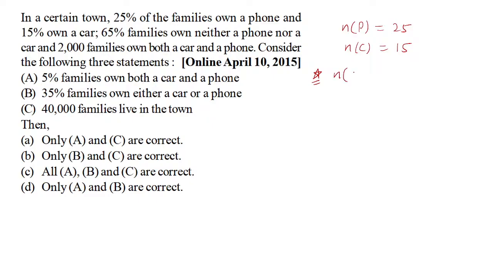Yeah, so you can say having neither car nor phone. Yeah, that means car is also not there and phone is also not there. That is what? That is 65%. Yeah. Now this essentially is (C union P) whole bar.